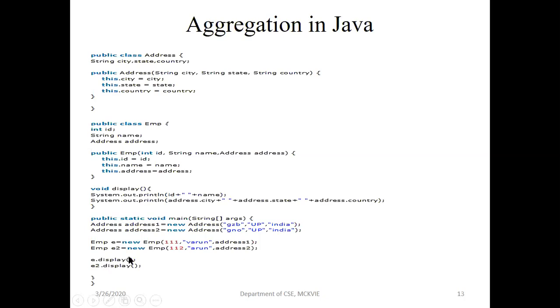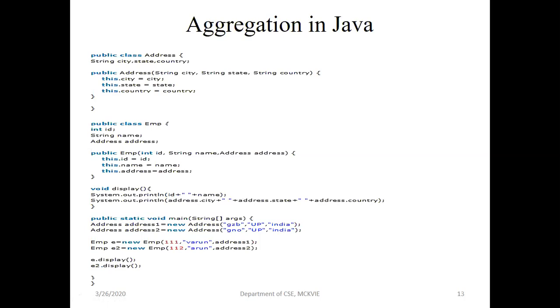So when I'm writing e.display, it will print the ID and name, because ID and name are members of the current class. It will print in a very easy way. But when I'm going to print city, state, country, it needs to call the members city, state, country, which are defined under the class Address object. So when it calls the display method, it will print the city, state, country in this way: address.city, address.state, and address.country.